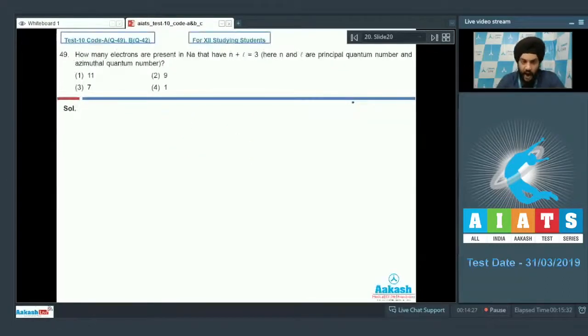Question number 49. How many electrons are present in sodium that have n plus l value equal to 3? Where n and l are the principal quantum number and the azimuthal quantum number. Okay. So if you talk about n plus l value equal to 3, we can have 3 plus 0. So we can have n equal to 3 and l equal to 0, which means that we have the 3s orbital.